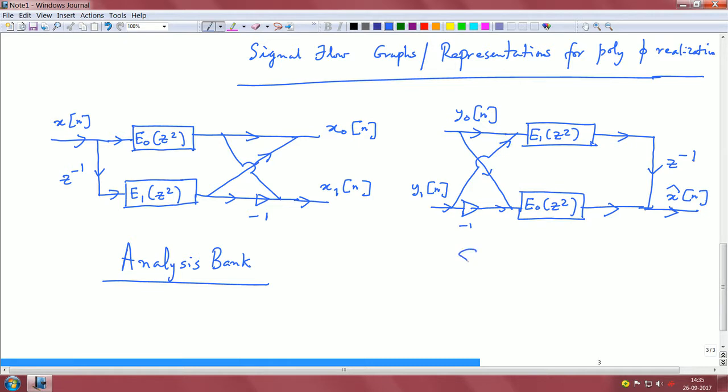This is the synthesis bank. So, all we have done is just the polyphase representation. We have not used any downsampling or upsampling, right. We have to bring in those components as well if we were to realize the entire 2 channel filter bank. This is just a polyphase representation. Okay.